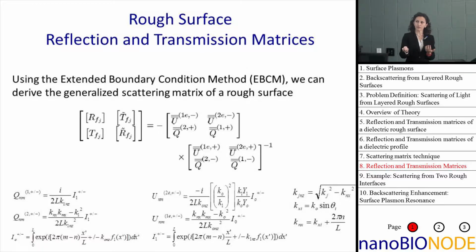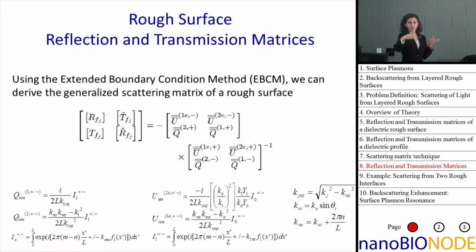Again, there's a lot of fine print in here, and I have given you very general expressions for how we get the components of this S matrix. Because we're dealing with random rough surfaces or random media, the way we find the scattering matrix in this case is that we define periodic boundaries. We assume each rough surface is very large, long enough that if you put another replicate of itself next to it, they don't really talk to each other.